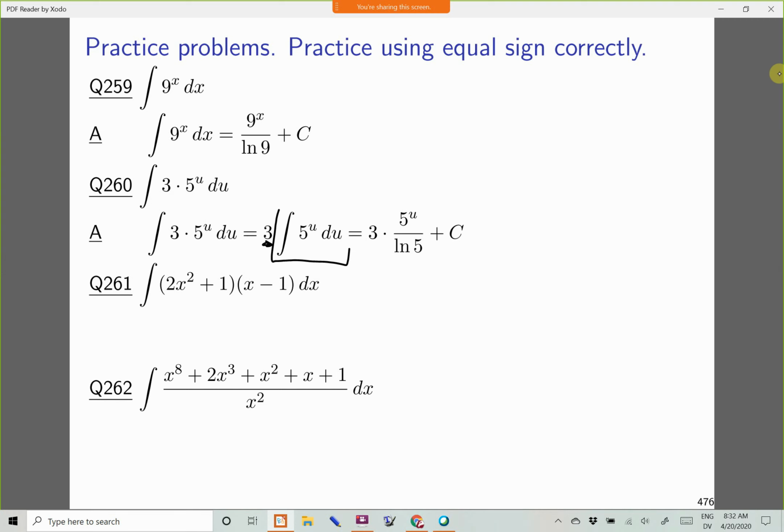So boxed here, integral 5^u du. Now that's the integral problem. It's smaller, not a whole lot smaller, but it's a little smaller than what we started with for the integral, because the 3 is now outside, meaning we can just do that integral part using our new integral formula. We get 5^u du over ln of 5, and then multiply that result by 3. So we have 3 times 5^u over ln of 5 plus c.